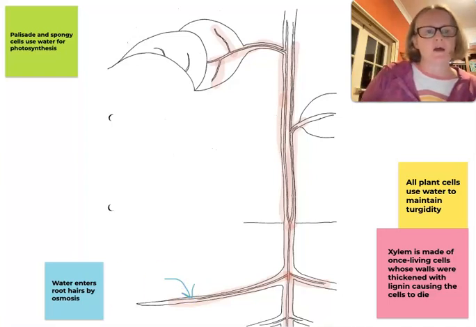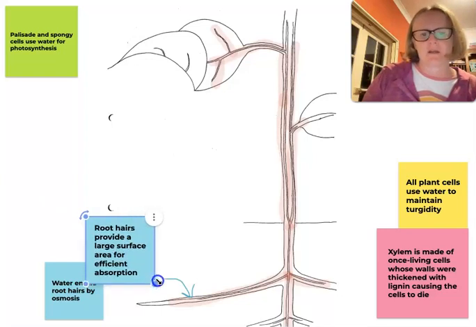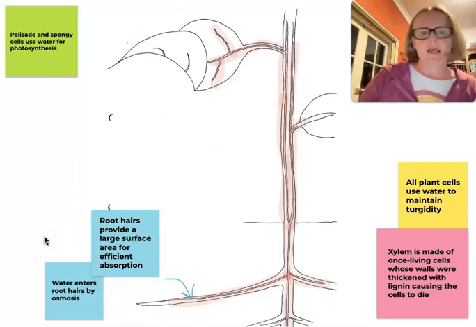And root hairs, which are on the surface of root cells, have a really large surface area. So this ties into our understanding of diffusion. If you want to have the maximum amount of diffusion from an area of high concentration to an area of low concentration, you need to have a large surface area for this to happen. So root hairs provide that.